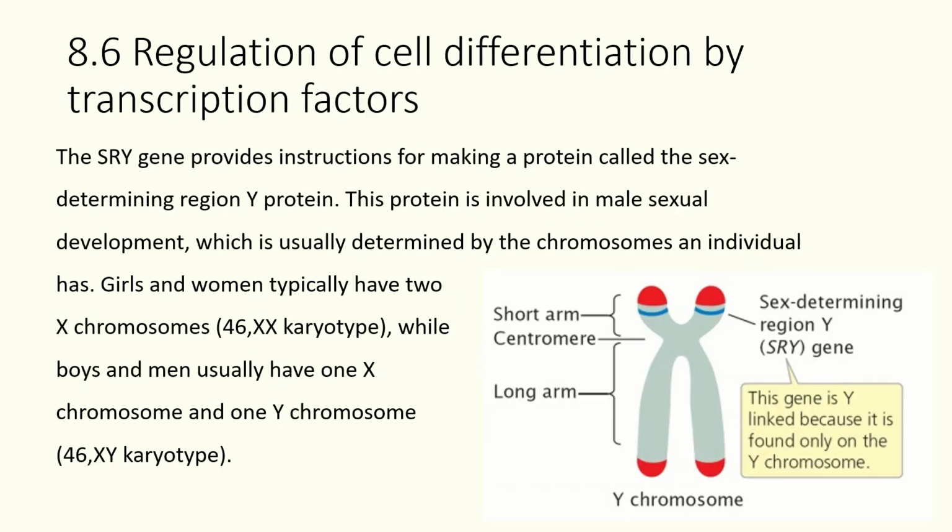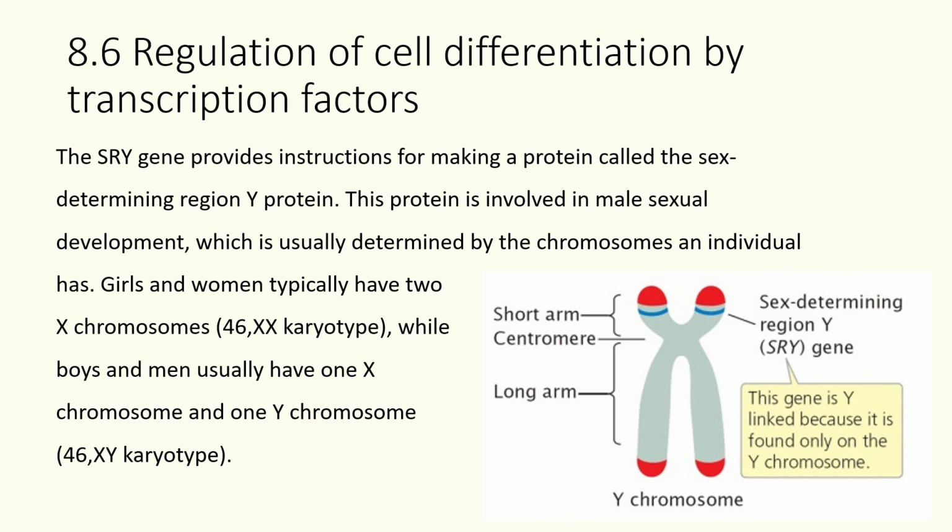Our other one, as I said, is SRY genes. SRY stands for sex determining region Y protein. And that protein is involved in male sexual development, which is determined by the chromosome an individual has. So people who are genetically female will have 2 X chromosomes.